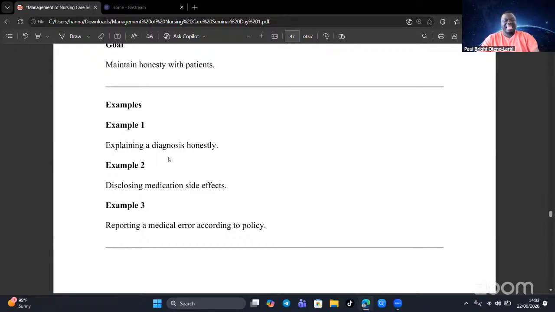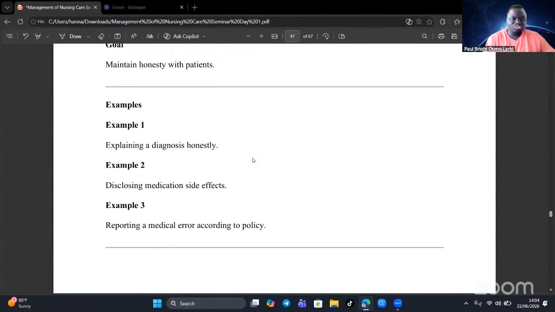Explaining a diagnosis honestly to a patient. Okay, you have shown what? Veracity to the patient.